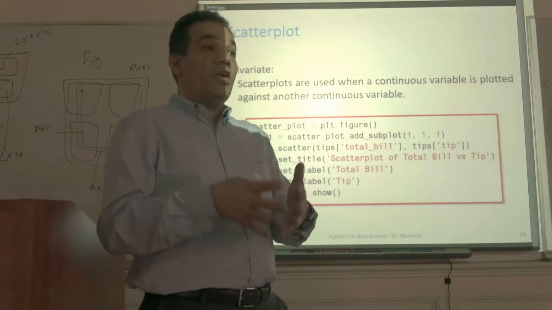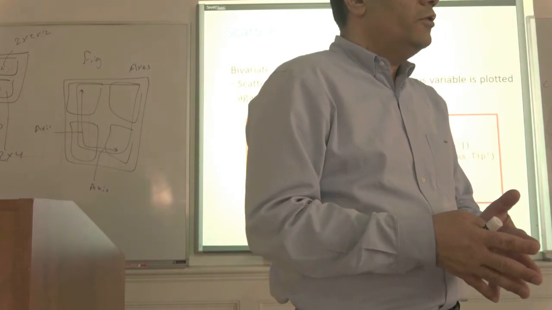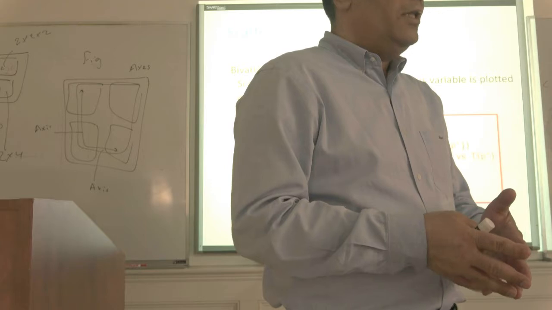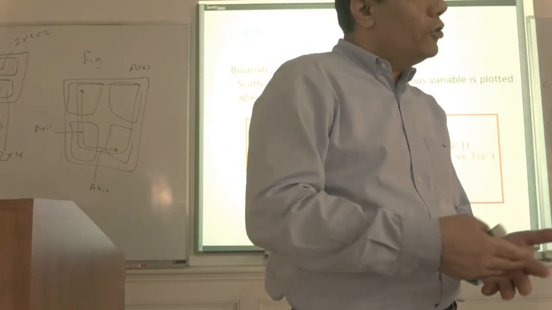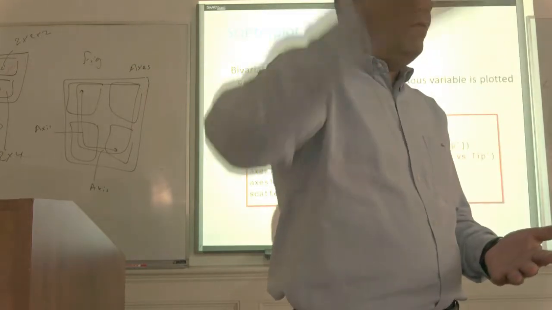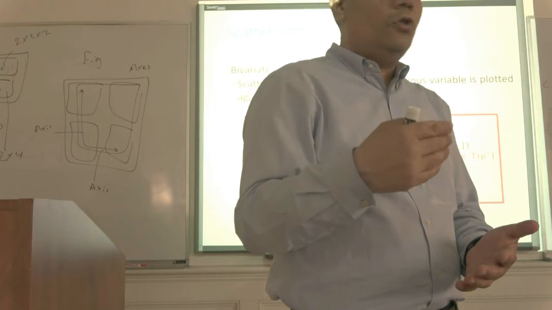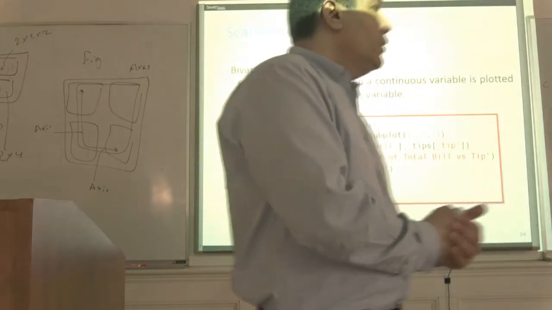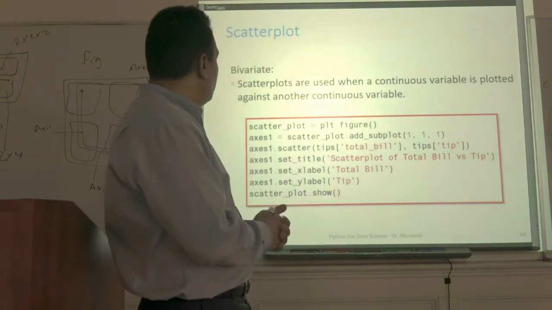For example, gender: is it discrete or continuous? Discrete, male or female. How about height? It's continuous, could be many values, like 6.5, 7.2, 4.3, anything. So a scatter plot is for 2 continuous values.